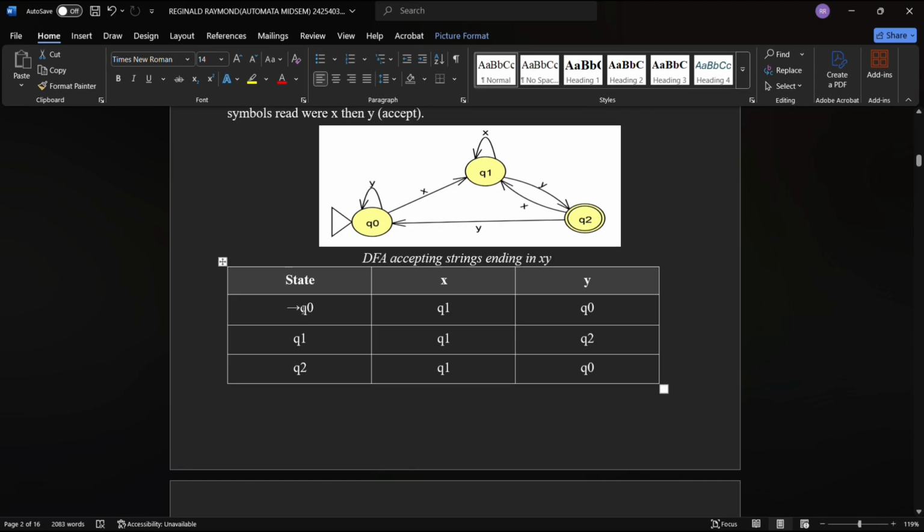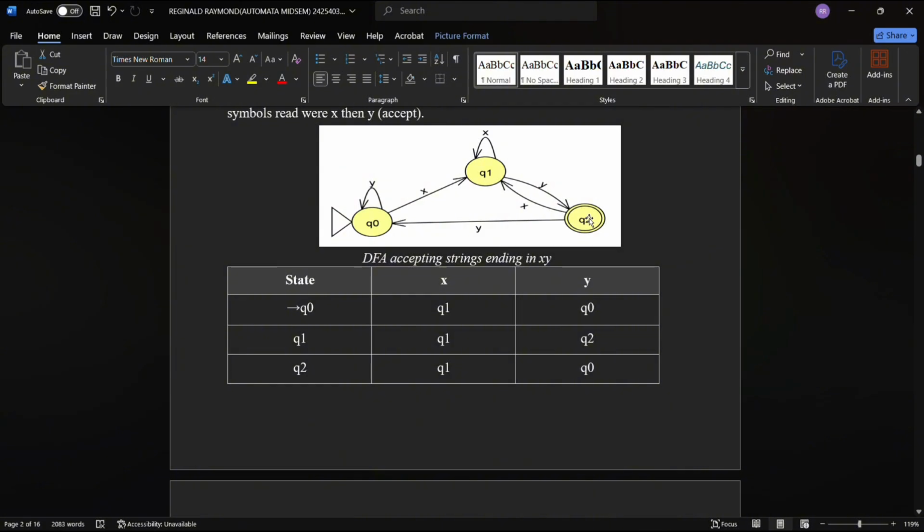This is the starting state, which is Q0. When it receives X, it points toward Q1. When it receives Y, it points towards Q0. Then Q1, when it receives X, points towards Q1. When it receives Y, it points towards Q2.